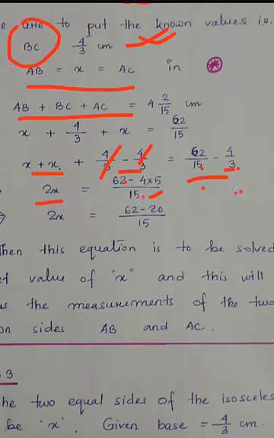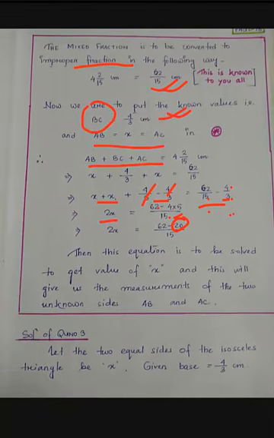So 5 will be multiplied with this 4, resulting in 20. After this, we have to simplify this particular equation, and this will give us the value for x. Once we get the value for x, this will be the measurement of the sides AB and AC.